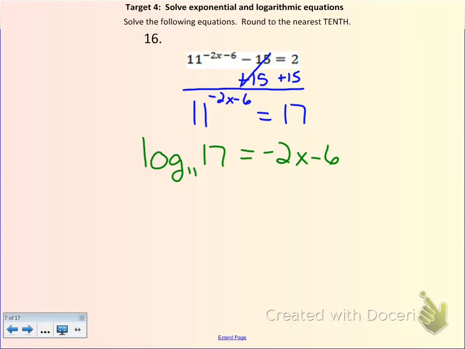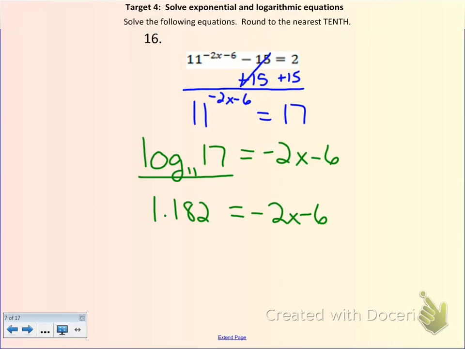Now again, this log base 11 of 17, we really don't know how to do that, so we're going to use the change of base theorem that problems 13, 14, and 15 were talking about. That's going to be 1.182, and that equals the negative 2x minus 6. And again, we did that by log of 17 divided by the log of 11.